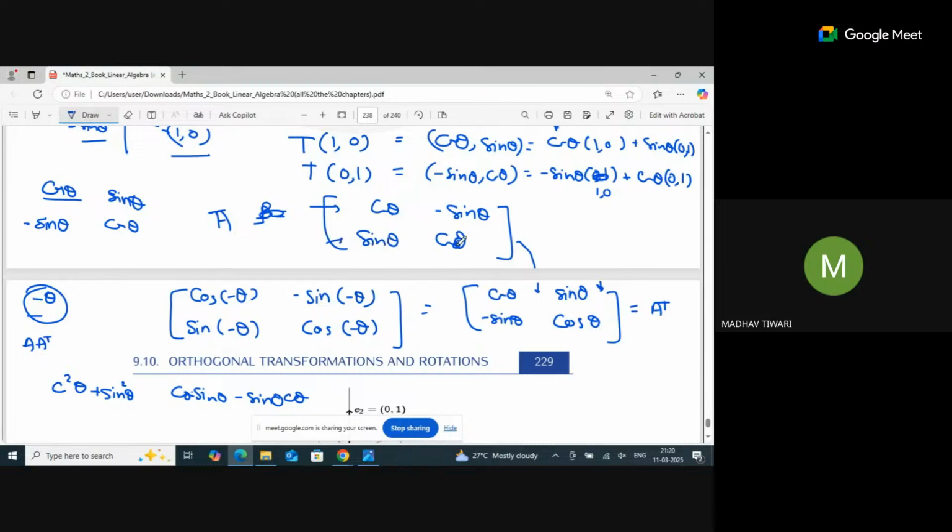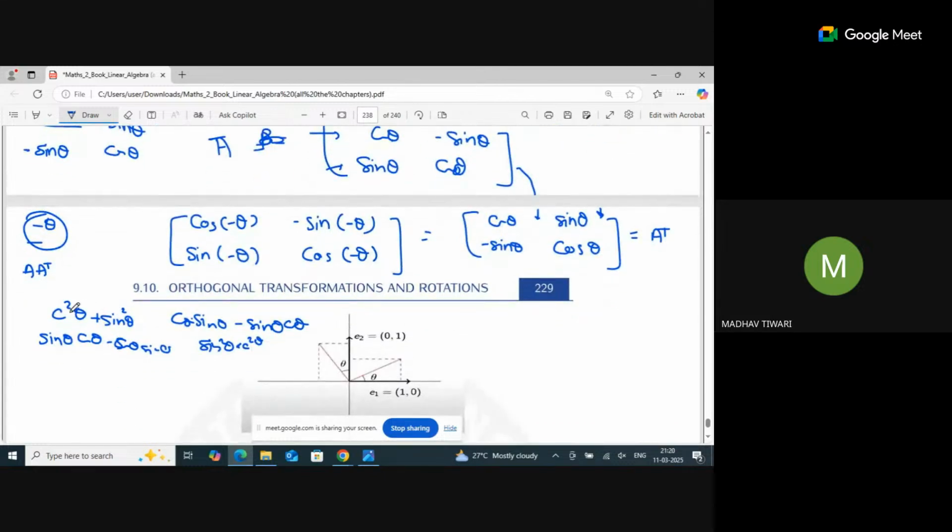Next is sine theta. If I multiply it by this, what will I get here? Sine theta cos theta, and cos theta minus cos theta sine theta. And if I multiply the second row with the second column, I will get sine square theta plus cos square theta.